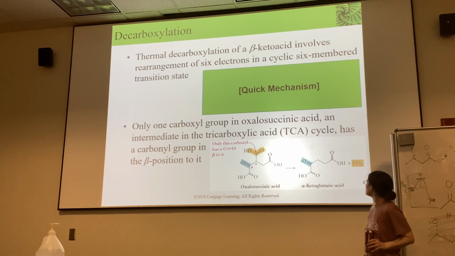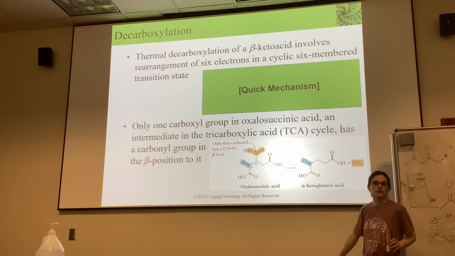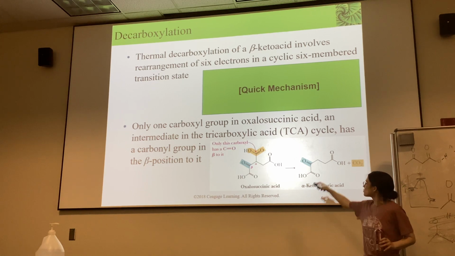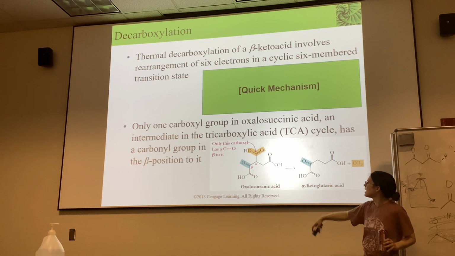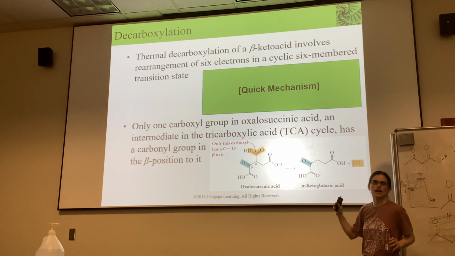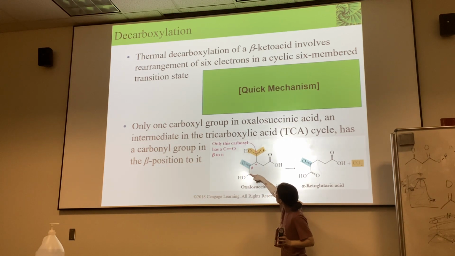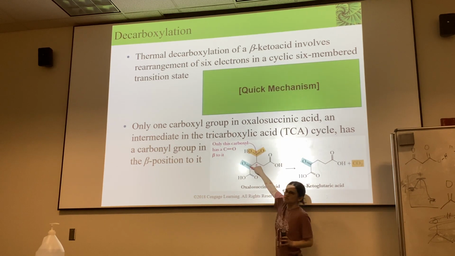I guess it would be more useful to look at this before it was color-coded. But we're trying to find a carboxylic acid group, right? So we find all three of our carboxylic acid groups, and then we count how far away the carbonyl group is from each of them. So this guy has a carbonyl alpha, just one away, right? That's not gonna do it.